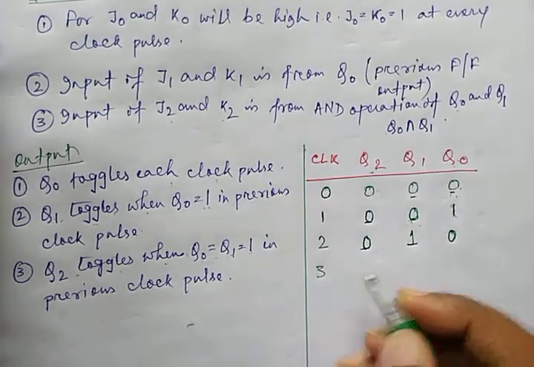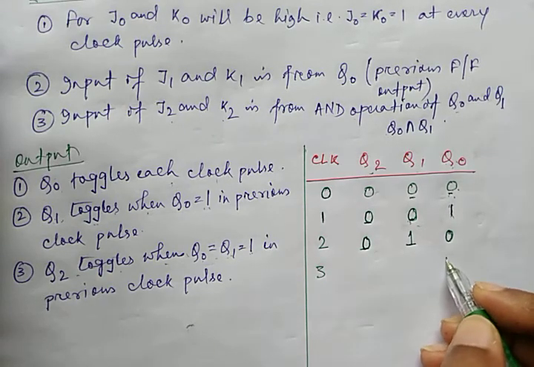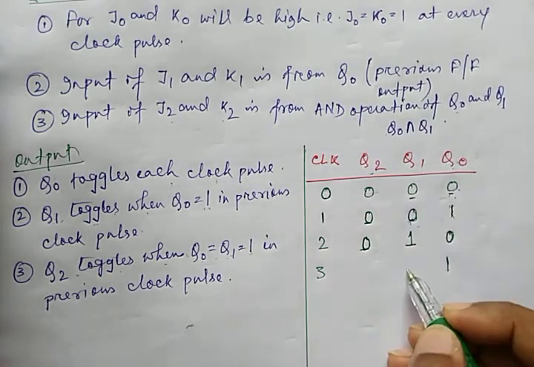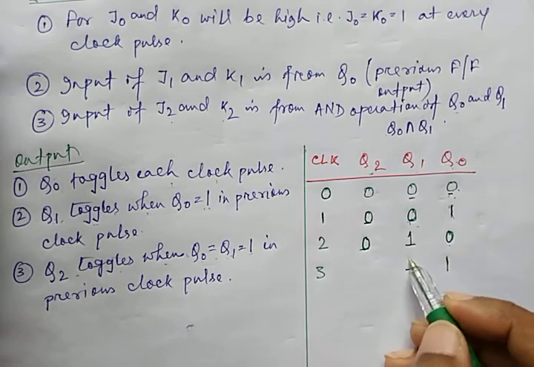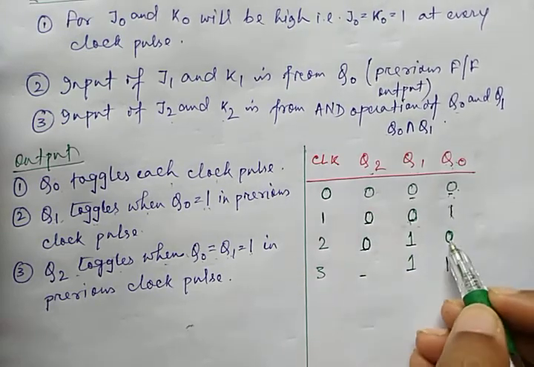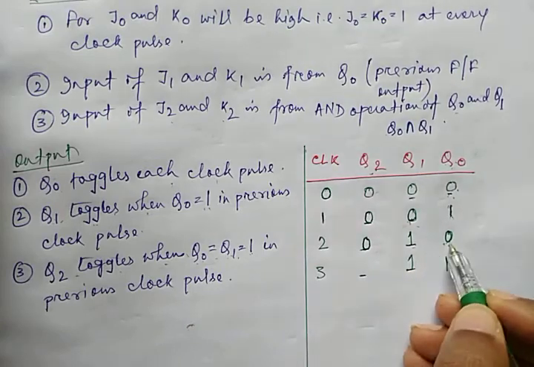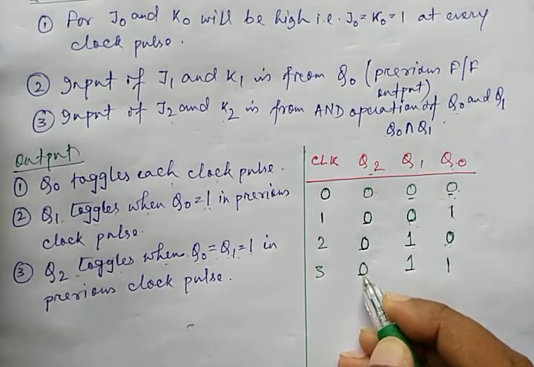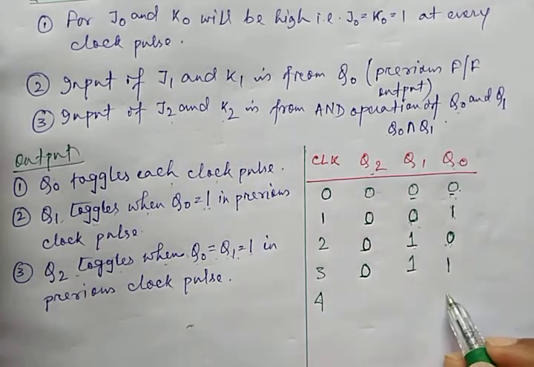For the next clock pulse, Q0 toggles, that means it changes into 1. For the Q1 value, Q0 must be 1, but it is 0, so it will not toggle. For the Q2 value, Q0 and Q1 both have to be 1, but as both are not 1, it will not toggle. In our next clock pulse, Q0 toggles.